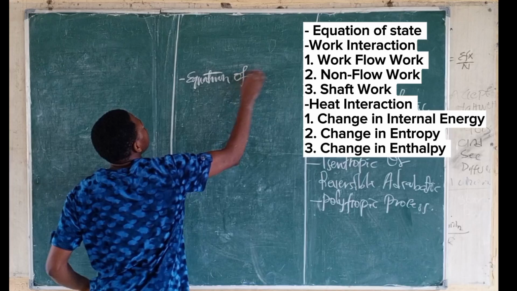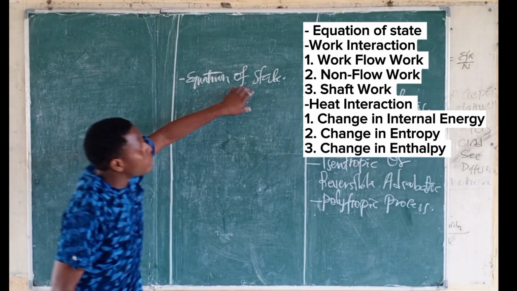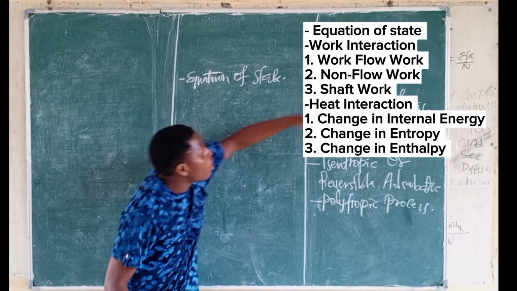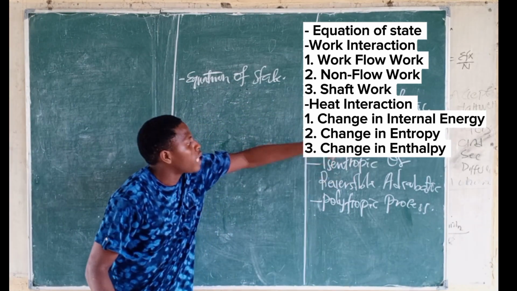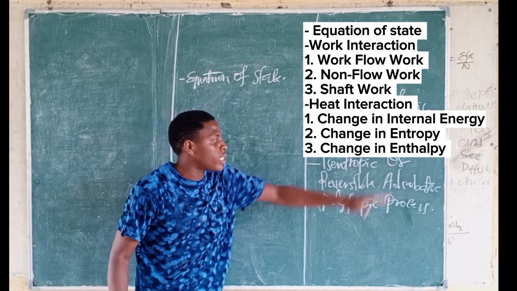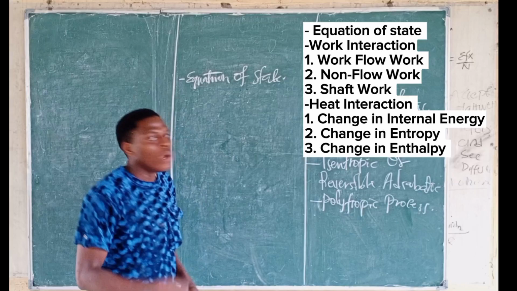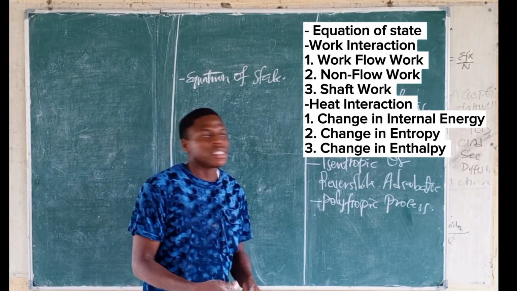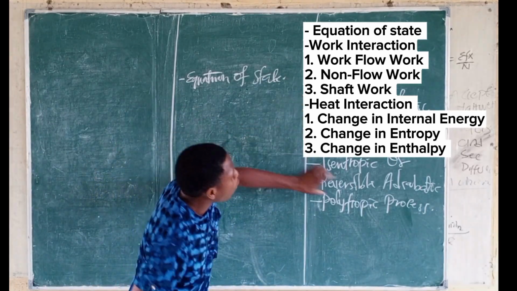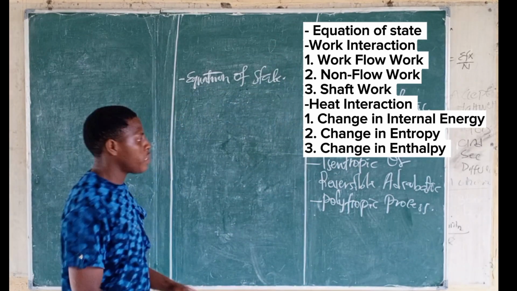We have to get it for the isochoric, isobaric, isothermal, and isentropic or reversible adiabatic processes. For the polytropic process, we will explain what it is later. But for these 4 processes, we have to get the equation of state.